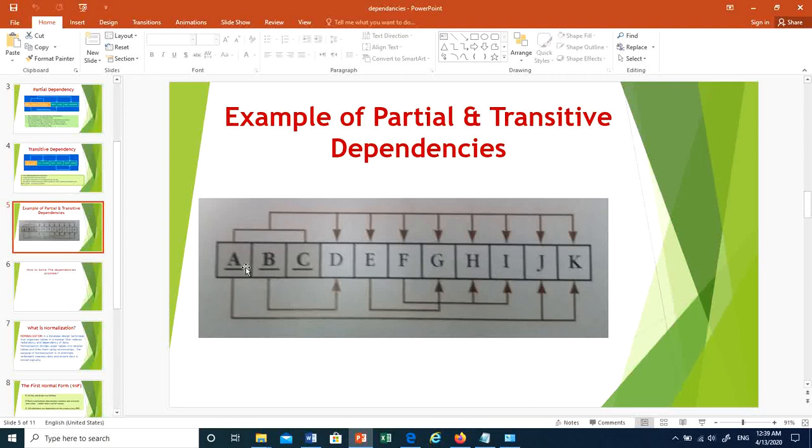And since A can determine J and K, we can also take them as a table. And also B and D, we can take them as a table. So we can make like 5 tables from here and create a relationship between these tables through the primary key foreign key relationship, like I will show you in a minute.